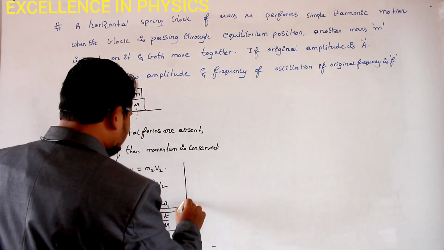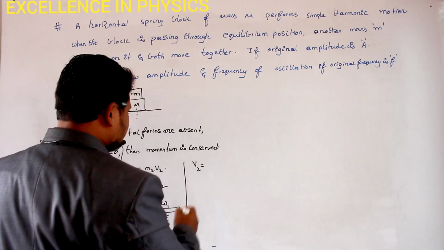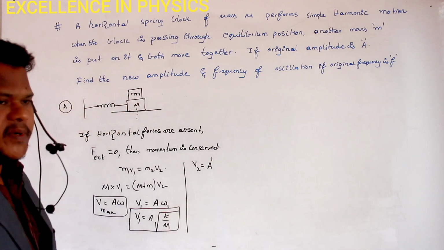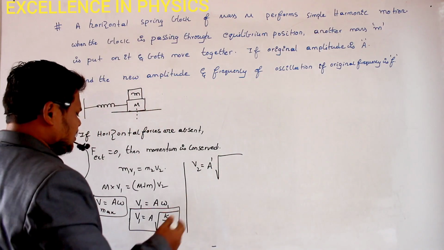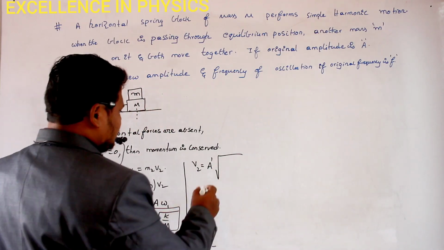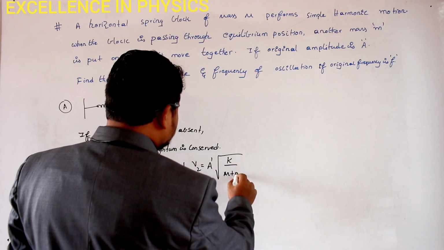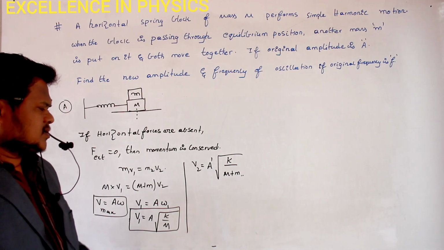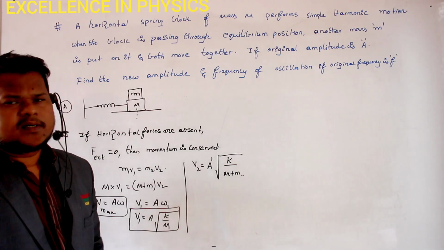Similarly, how can I calculate the final maximum velocity at the mean position? Again v2 = final amplitude, which I don't know, so let it be A dash, times the square root of k divided by M plus m, because there is an additional mass, no? The final angular velocity ω2 is the square root of k by (M + m).